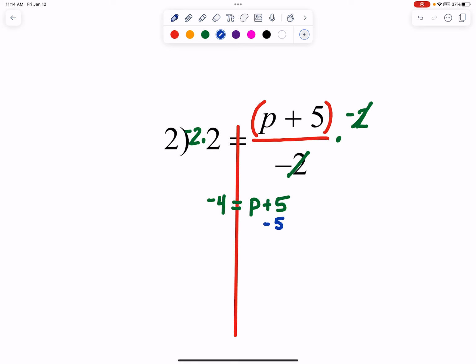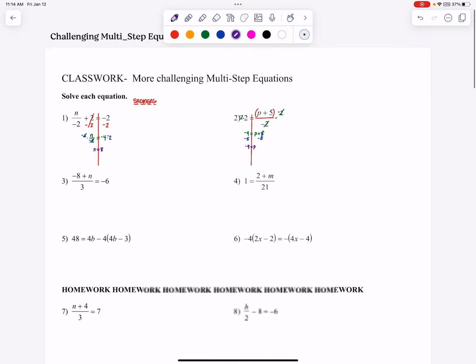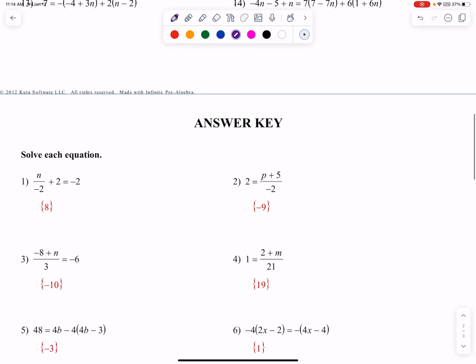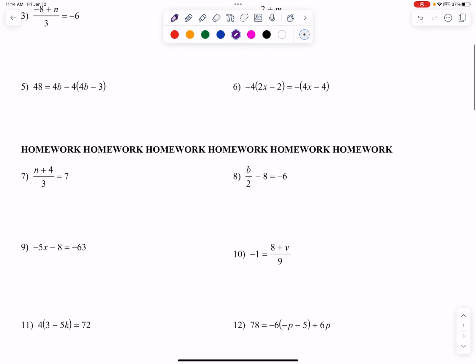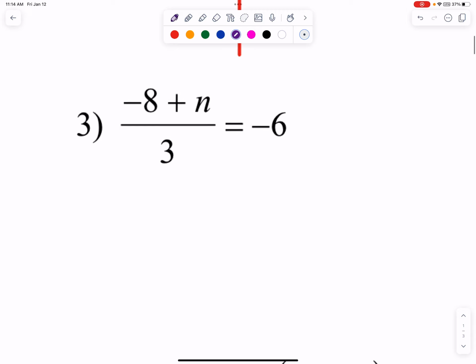So we're going to subtract 5 on both sides. Cross that out because we have a 0 pair now. And we have a -9 equals p. Let's go ahead and check number 2. Yep, -9, so we're good. All right, on to number 3.